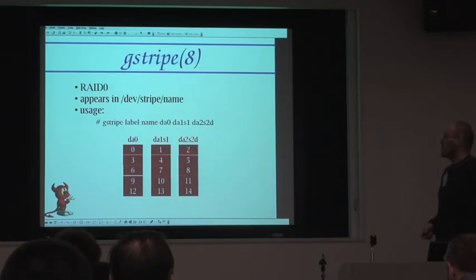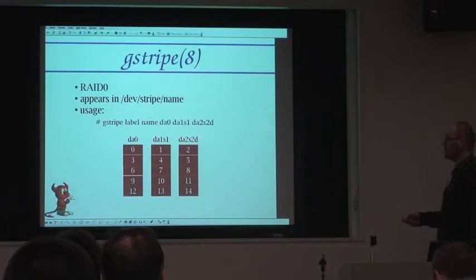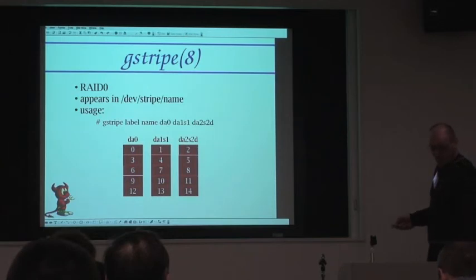Okay, we have gstripe, which is basically a RAID 0 implementation. It also appears in /dev/stripe under the name we choose here. We can also stripe any GEOM providers, of course, but they should have equal sizes, because here we just stripe the data in this direction.